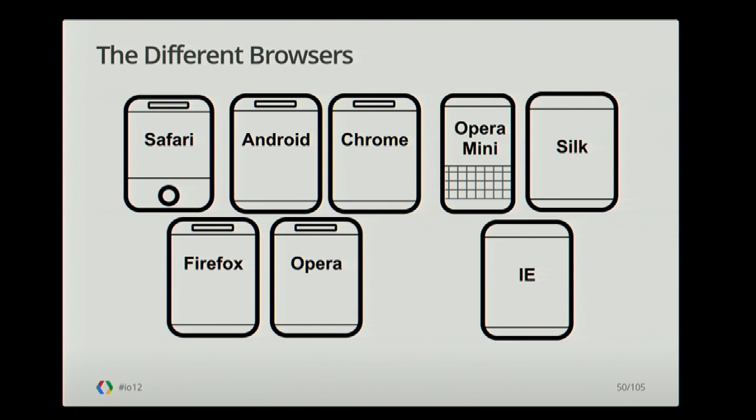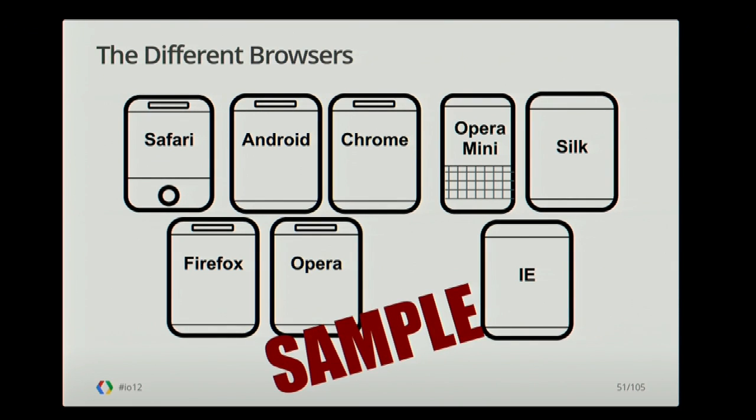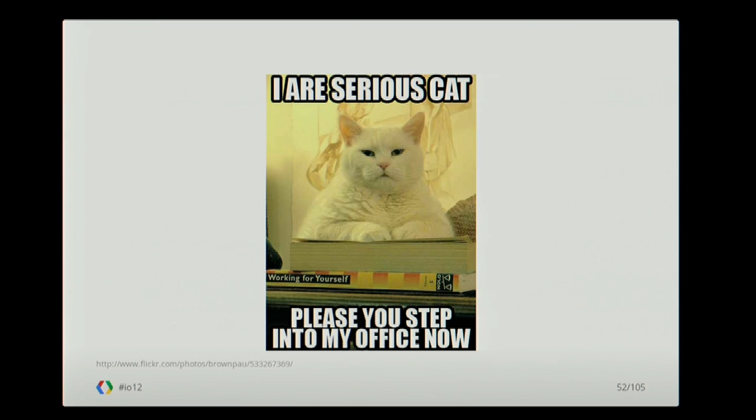Opera Mini is a proxy browser. Silk does things in a different way. And really, this is still just a sample. There are a lot of different browsers we have to worry about when building video applications, so don't think it's just Safari and Android. But now let's get serious and talk about best practices and how we can build those applications. I'm going to hand it over to Zoltan for this.